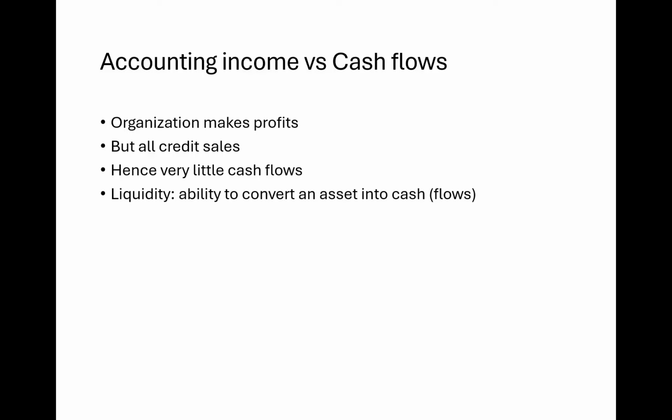So liquidity, as we might recall, is the ability of anyone to convert any asset into cash. And if this liquidity is missing, then the ability to convert into cash flows from a project becomes hard.